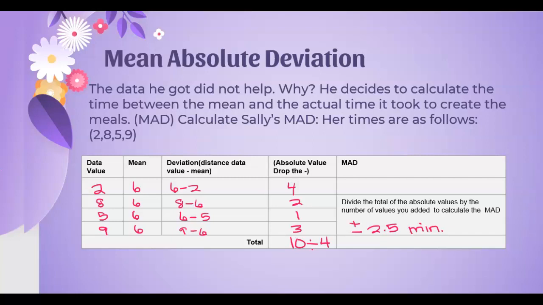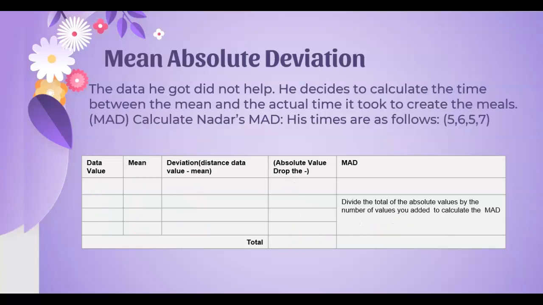So remember that. Let's talk about Nader. Nader's mean also was 6. So we're going to put the 6's here. And his times were 5, 6, 5, and 7. We're going to find the difference between these.